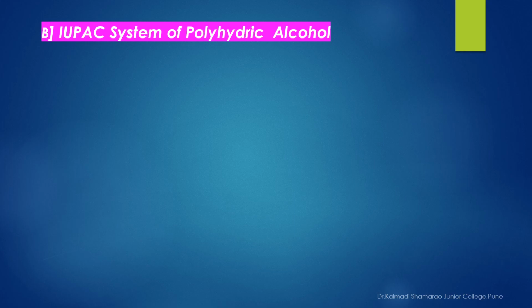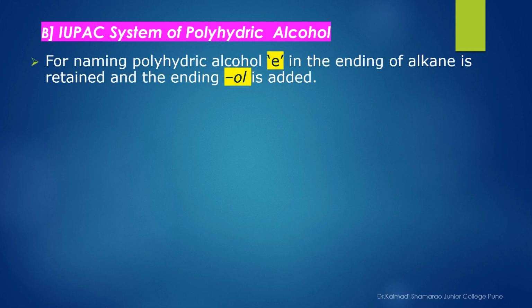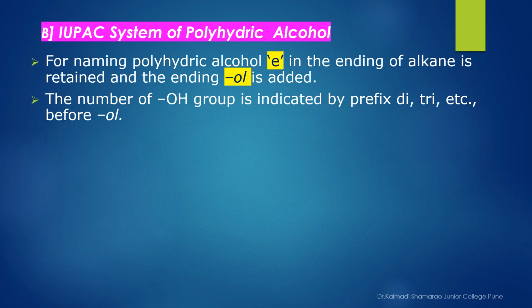Now let us see IUPAC system for polyhydric alcohols. For naming polyhydric alcohols, the E in the ending of alkane is retained and the ending -ol is added. The number of hydroxyl groups is indicated by prefixes di, tri, etc. before -ol.